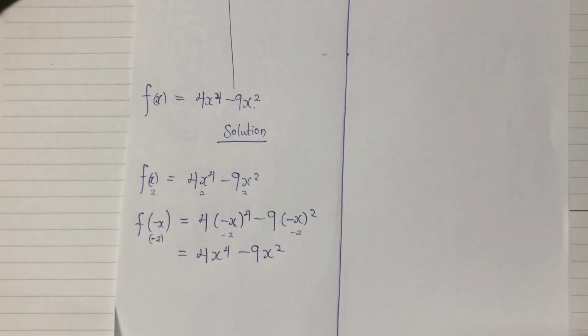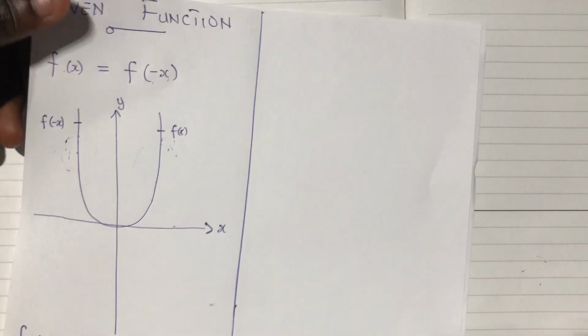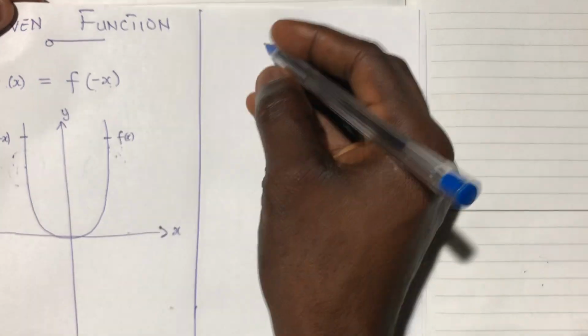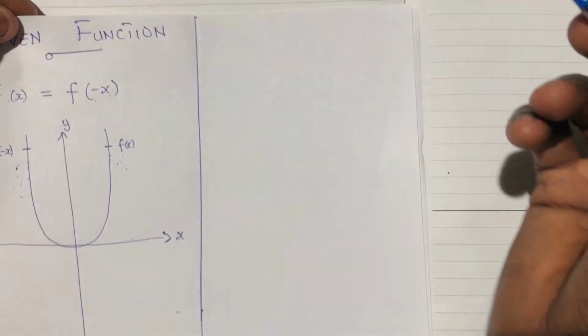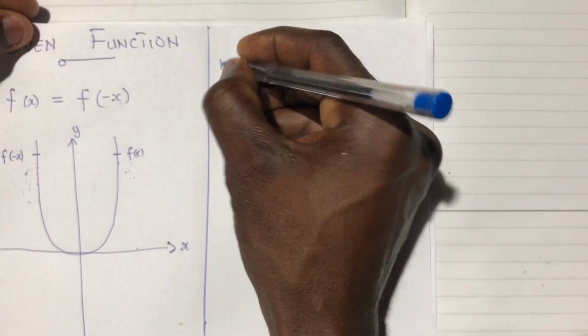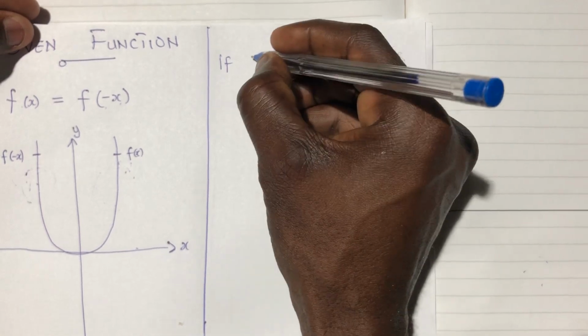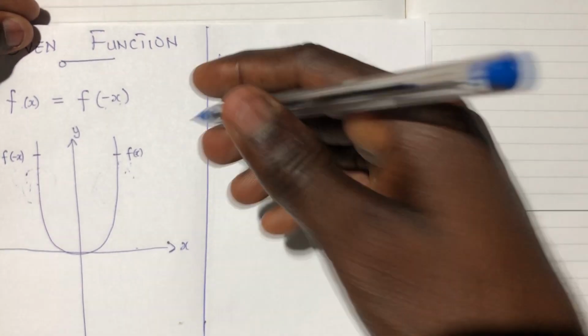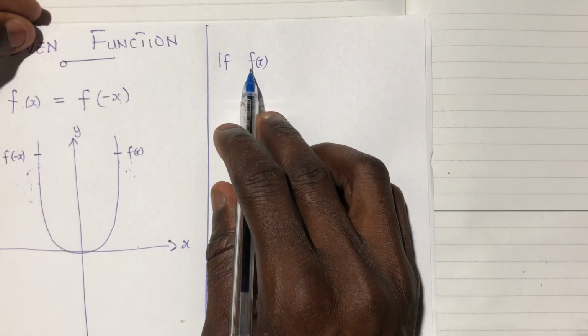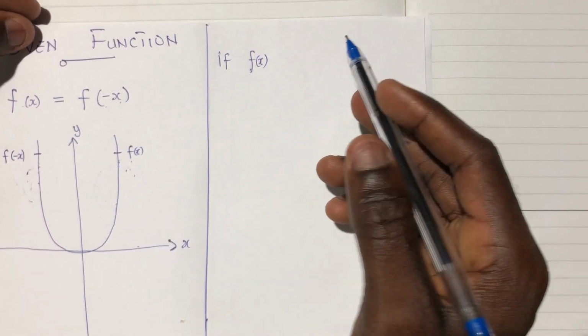Okay, so let's take another example. The question usually comes in this form. It can ask you if f of x or g of x or h of x, depending on the letters they are using, it depends.